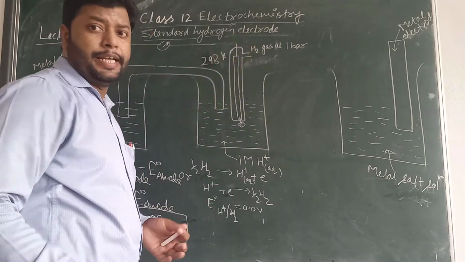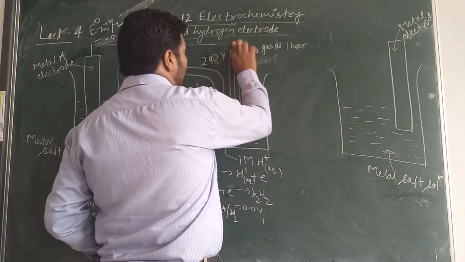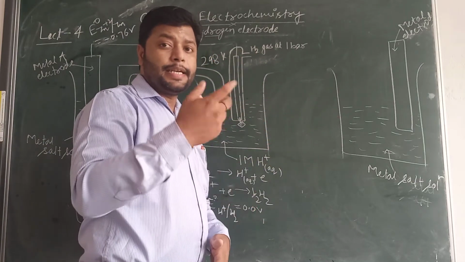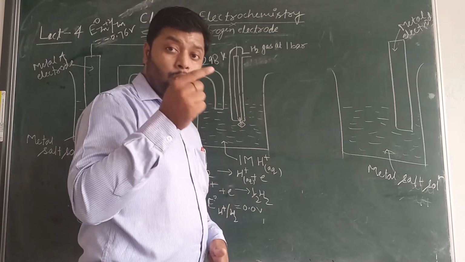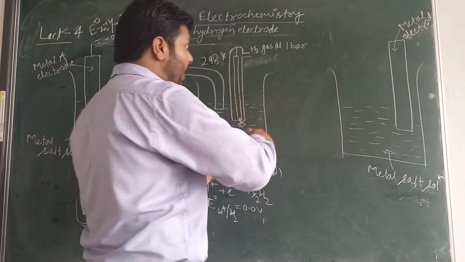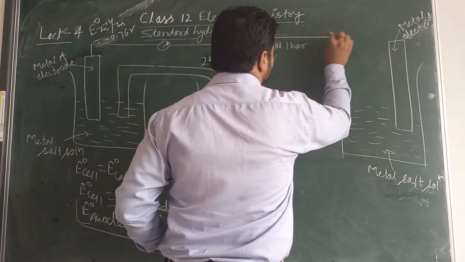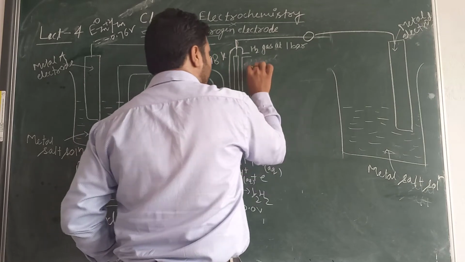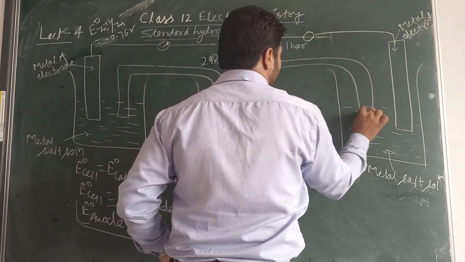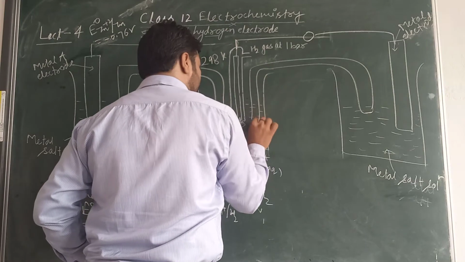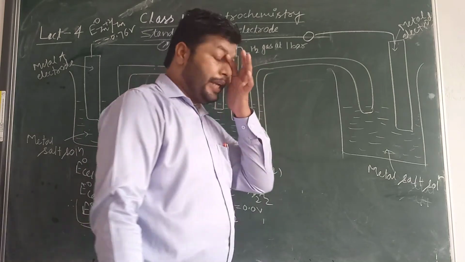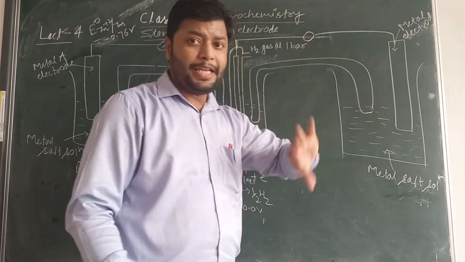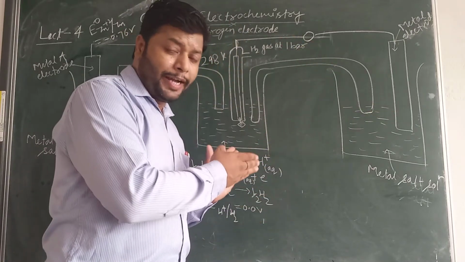Now the second possibility is if we are having second category metals or non-metals which, when connected with hydrogen, behave like cathode compared to the hydrogen electrode.